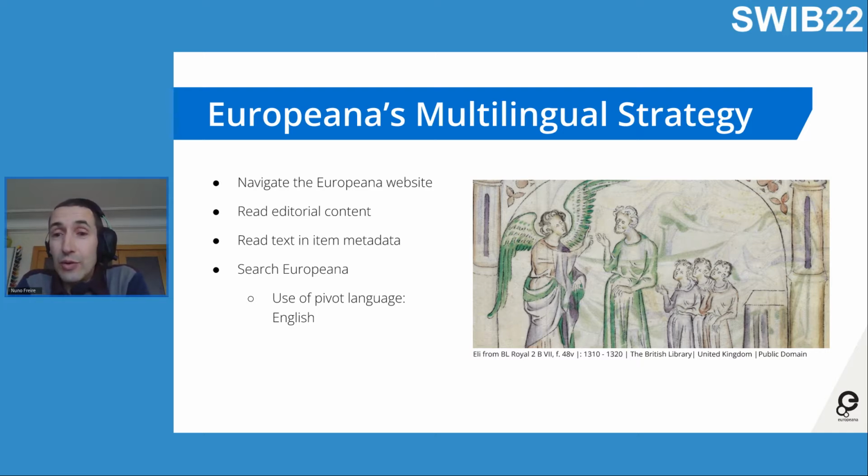More ambitious now is reading the text within the metadata of each item in as many languages as possible, and also searching across the data set should be done across languages. This strategy is being realized relying a lot on machine translation and using English as the pivot language.